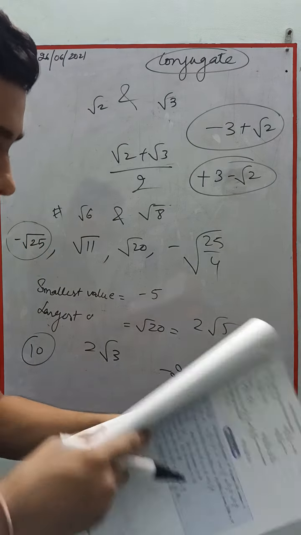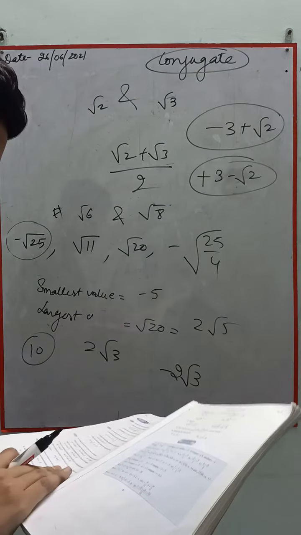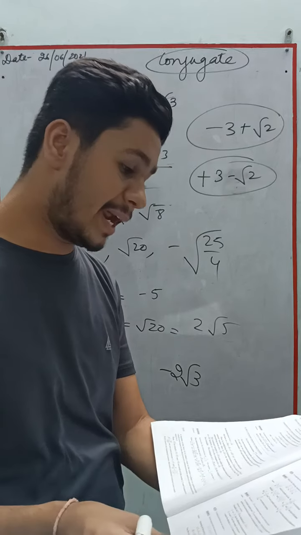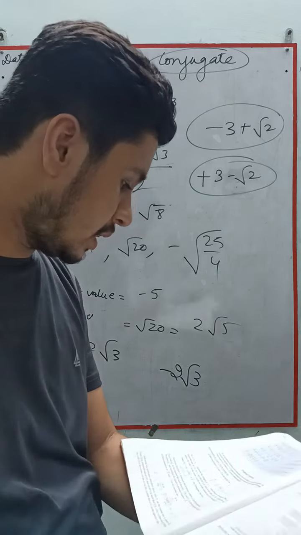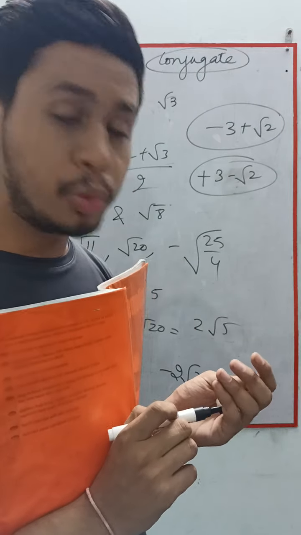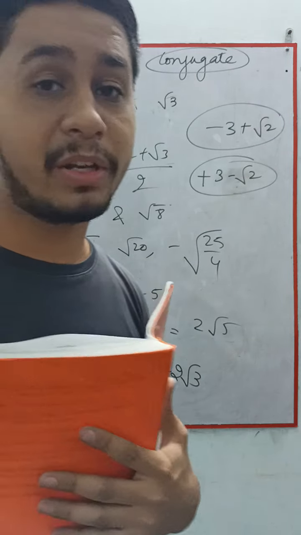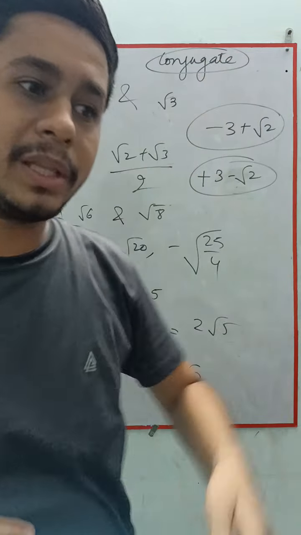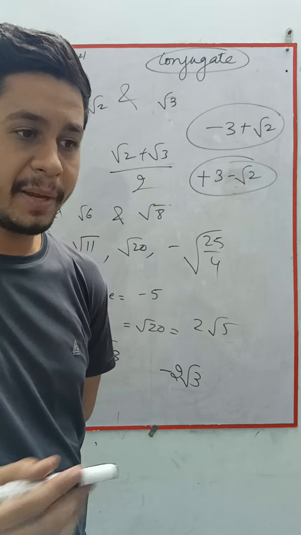Okay, now up to the 10th question, I request everyone to do. Write the definition of irrational number. And representation of root 2 and root 3 on the number line. I have made a special video for that, and the same thing we will be asking you in the project also. So be prepared with that.